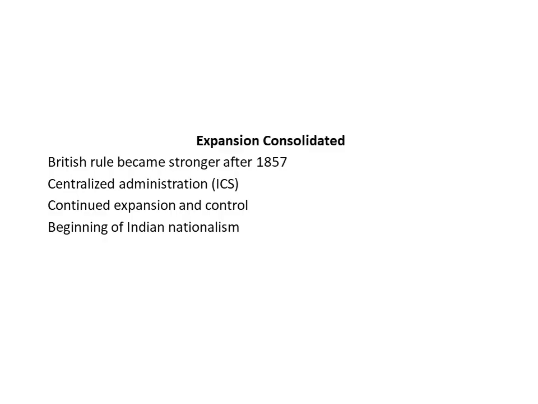It also marked the beginning of Indian nationalism as people slowly started realizing the need to unite against British rule. So, even though the revolt failed at that time, it planted the seeds for future struggles for Indian independence.